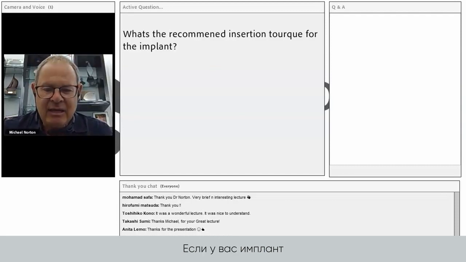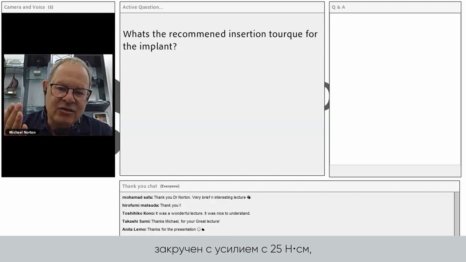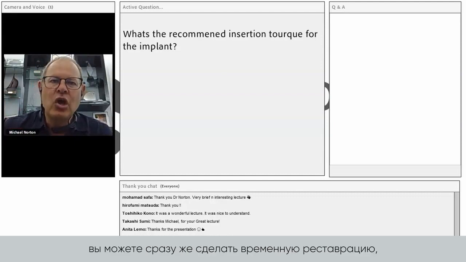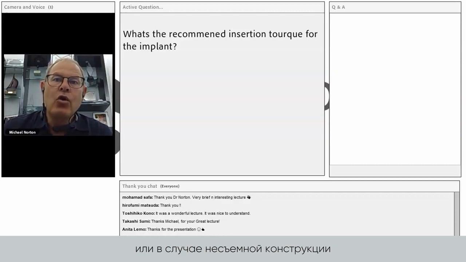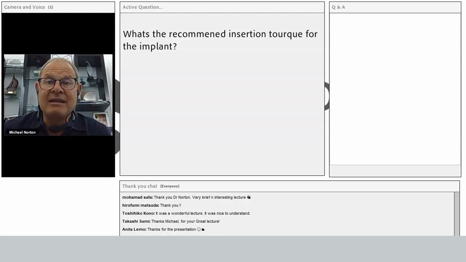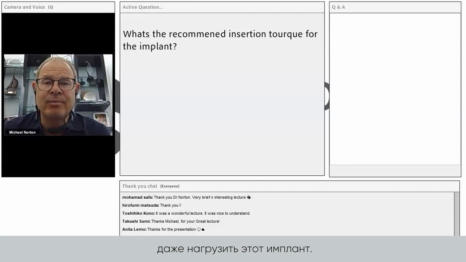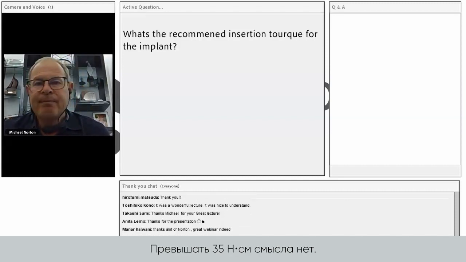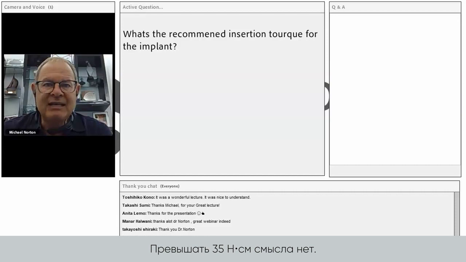I can tell you, if you have an implant inserted at 25 Newton centimeters, you can safely immediately temporize, or in a fixed restoration, immediately load that implant. To go above 35 Newton centimeters is unnecessary.